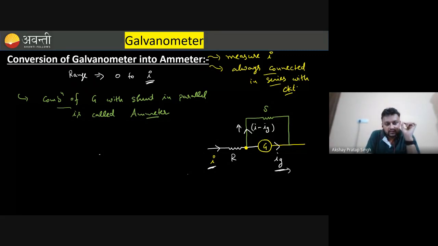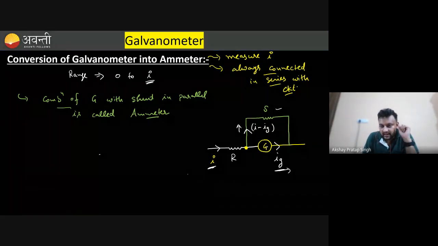Now, can you see that the shunt and this galvanometer are in parallel? G is the resistance of the galvanometer, as you remember from the previous class. The condition of a parallel combination is that potential remains the same.